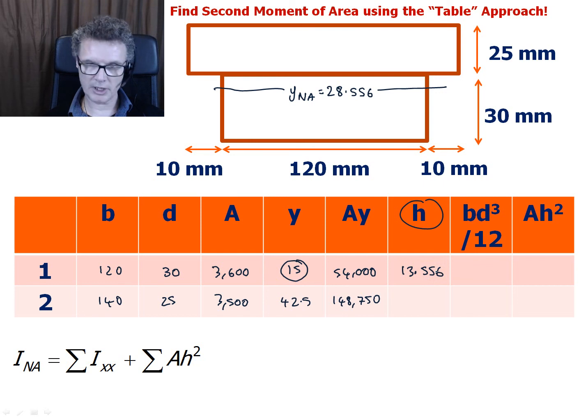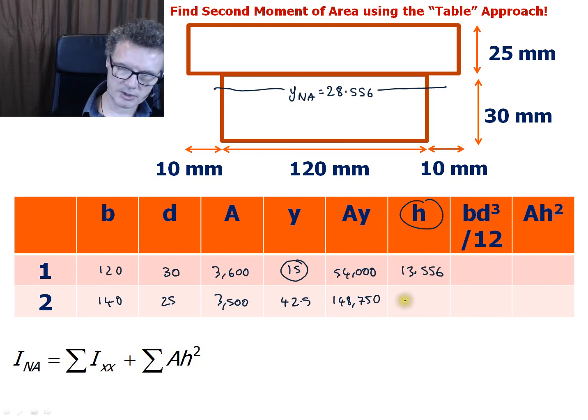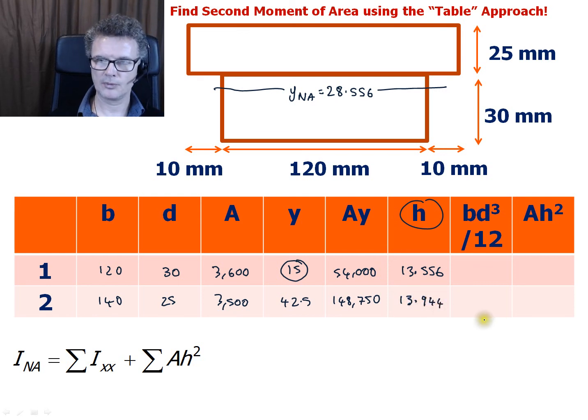And I can go 28.556, take away 42.5. Ignore the minus sign, don't care about the minus sign. 13.944. Okay, so now I've got my H.